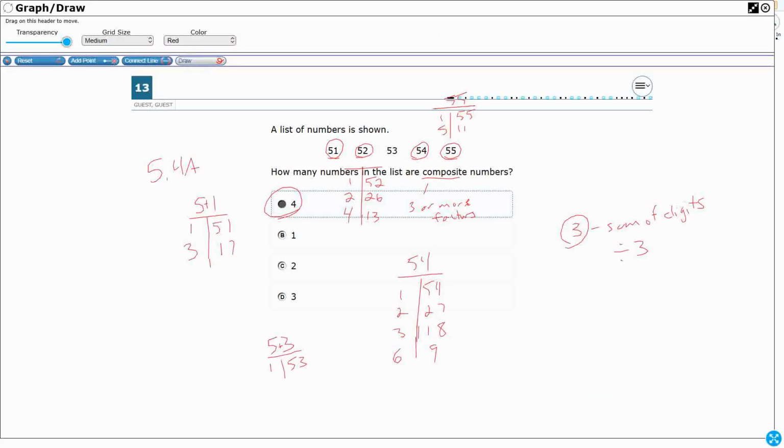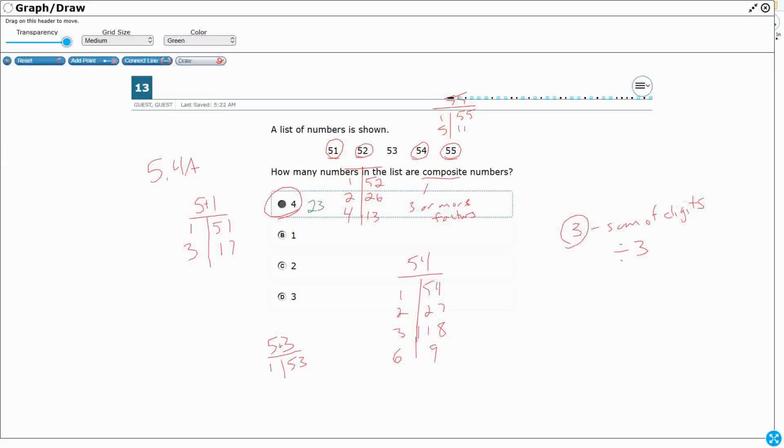And as you can guess, this one was hard. So we had only 23% of our students get this correct: identify 4 composite numbers. We had 9% choose B. Maybe they were thinking the right thing and they identified the one prime number. That'd be very upsetting if they did all that work and they just got confused between prime and composite.